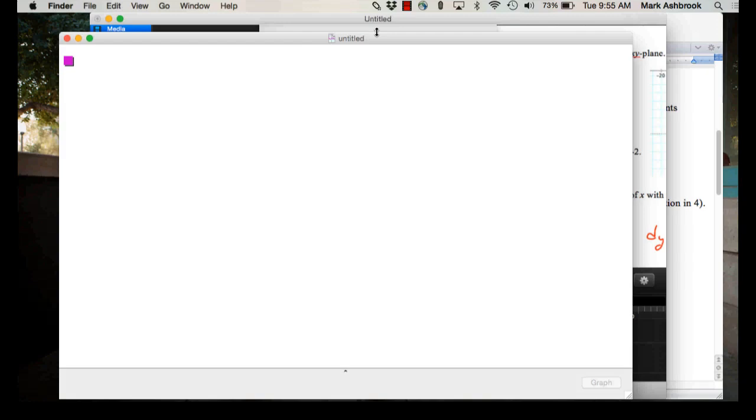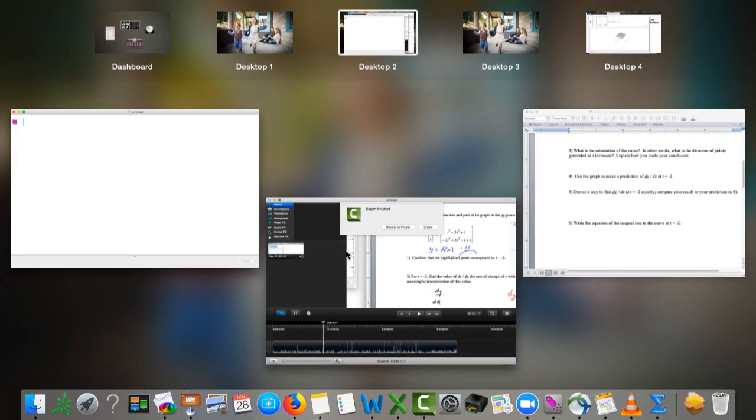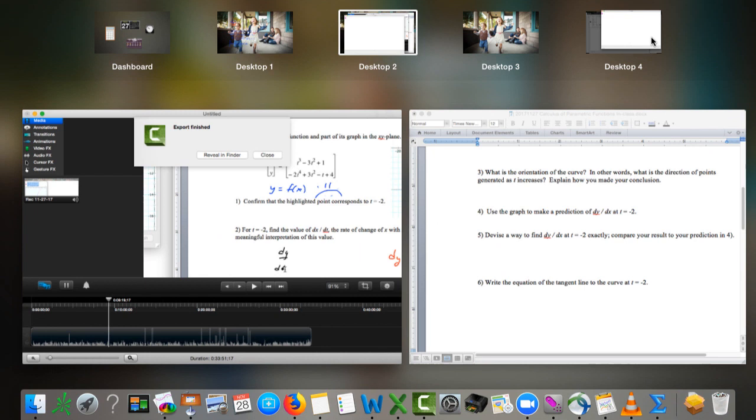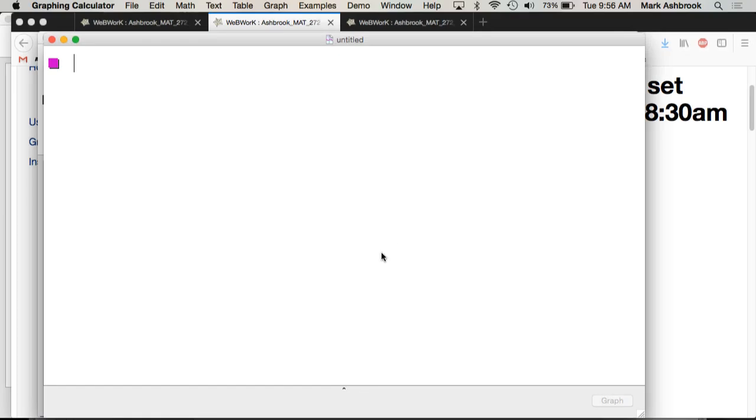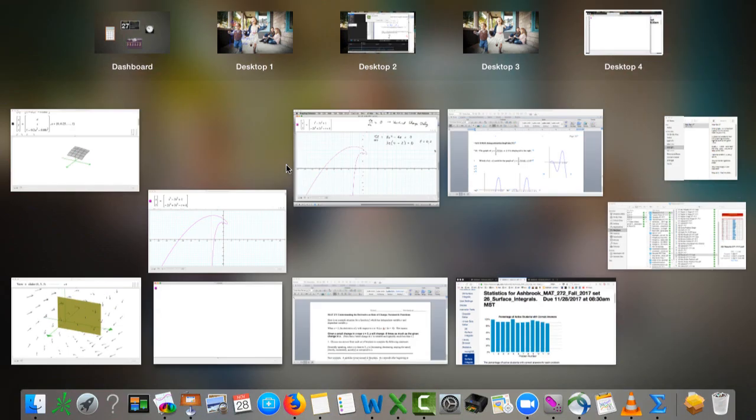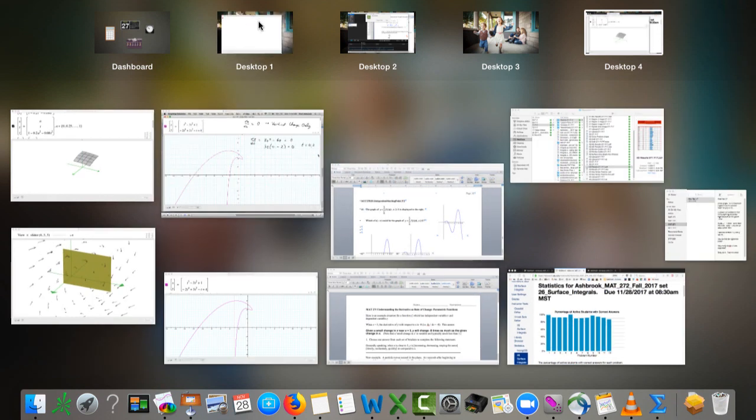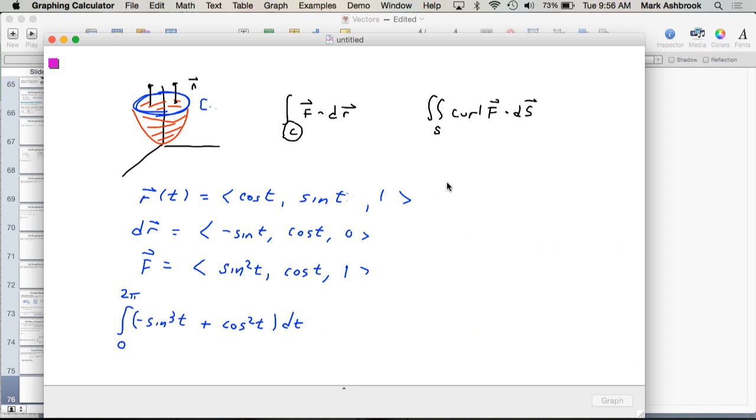Where's Keynote? Okay. So let's put this in: Control-Shift-I, 0 to 2 pi.